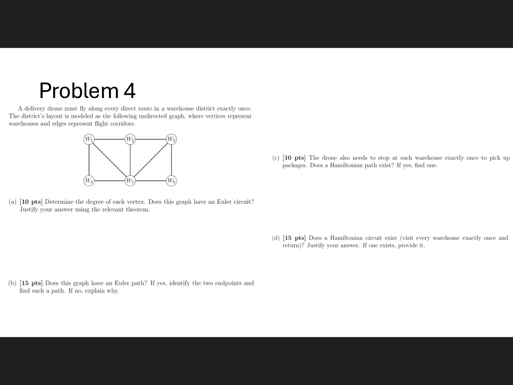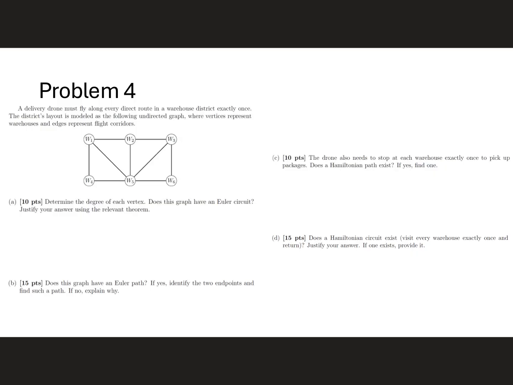The first part right here: determine the degree of each vertex. Does this graph have an Euler circuit? Justify your answer using the relevant theorem. So first part is determine the degree of each vertex. So let's do that.